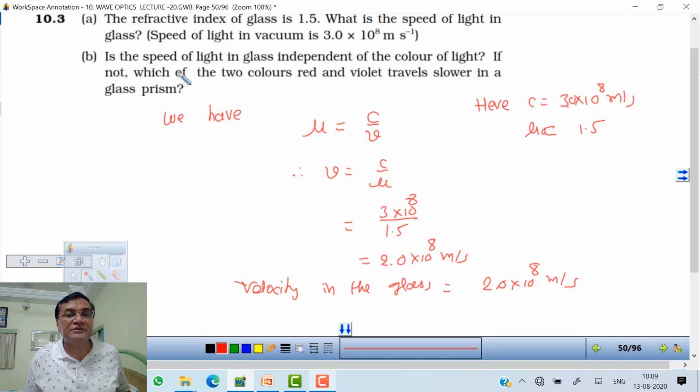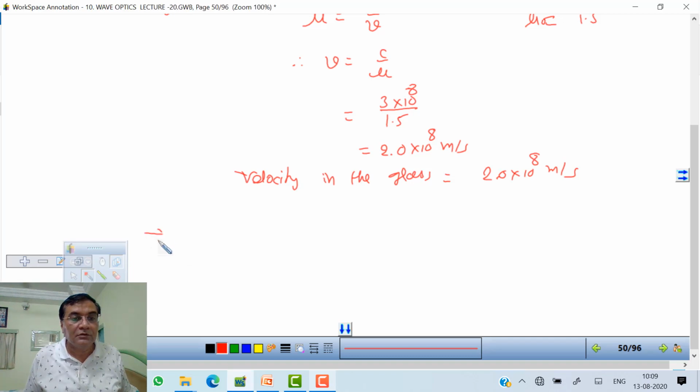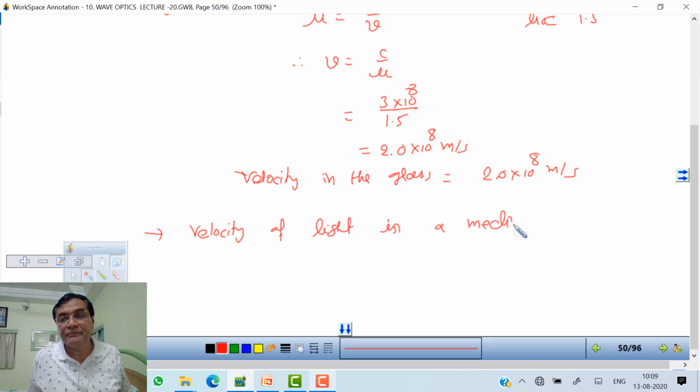Second question: does the speed of light in the glass depend on the color of the light? Yes, it depends on the color of the light. Okay. Velocity of light in a medium depends on the color of light.